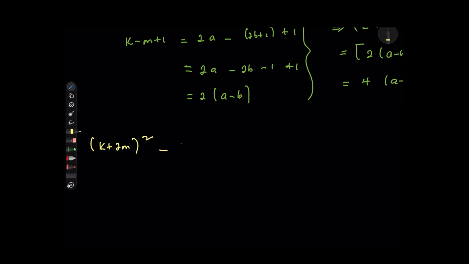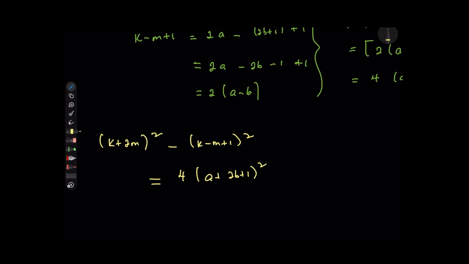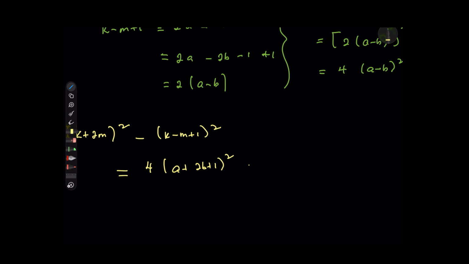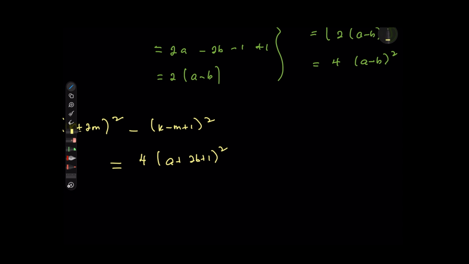Minus (k minus m plus 1) all squared. So this will be equal to 4 into (a plus 2b plus 1) all squared, because that's this part here. Then we have minus 4 into (a minus b) all squared.